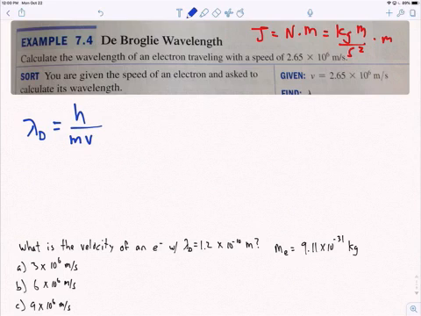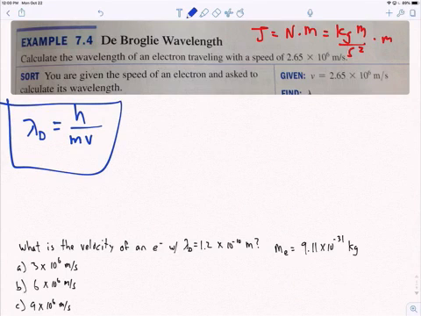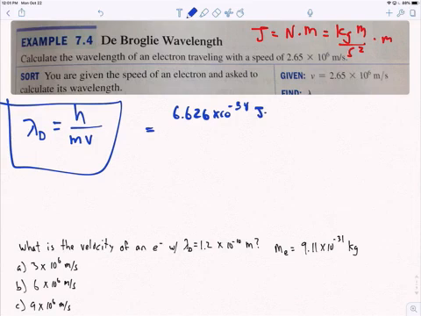Needless to say, you get an equation here, and it's just given to you. The de Broglie wavelength is Planck's constant h over the momentum, mass times velocity. So to figure out the wavelength of an electron, we put in Planck's constant, 6.626 times 10 to the minus 34 joule seconds, all over mass.